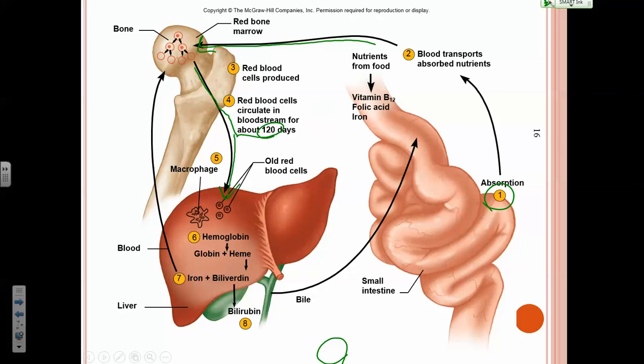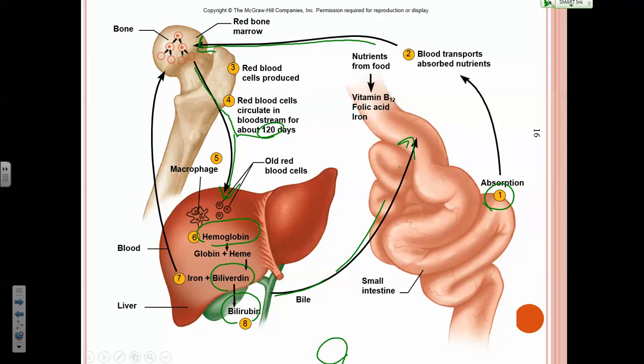Then they are taken up by the liver and they're destroyed by macrophages. The hemoglobin is pulled out and converted to biliverdin, then bilirubin, which is excreted in the bile. And the bile goes into the small intestine where it's passed out with feces.